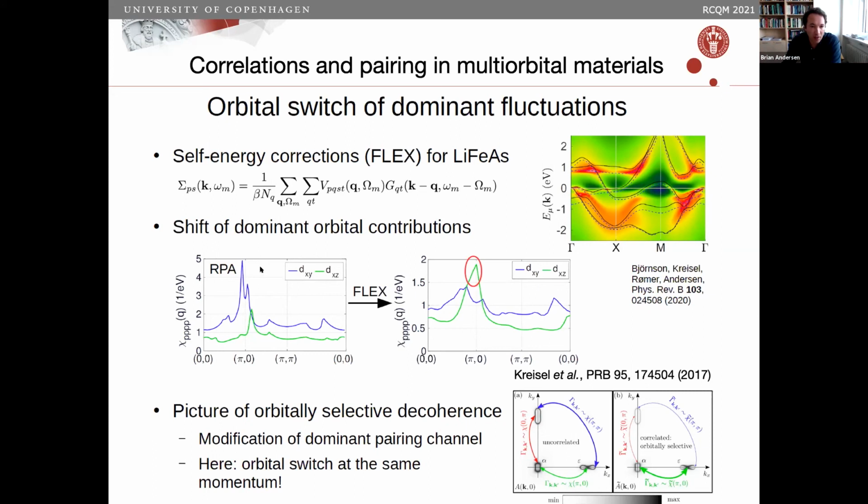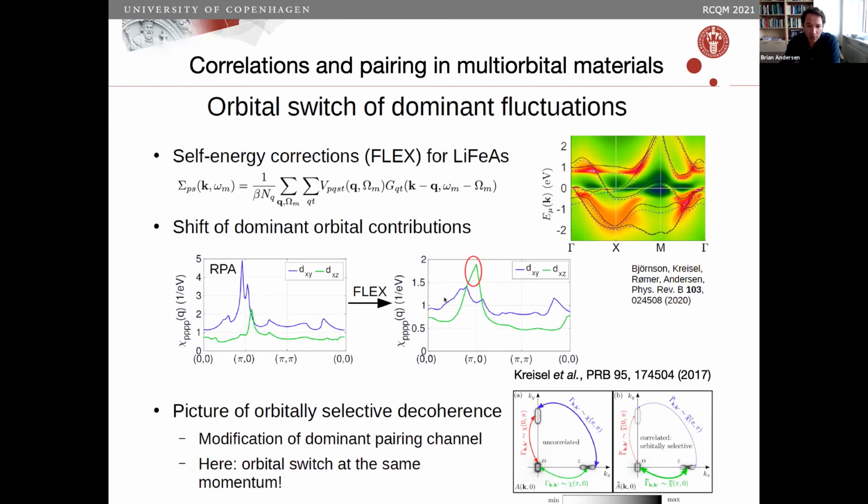We have the largest peak at pi,0. This is just one intra-orbital component. It's calculated by Andreas Kreisel, and you see that the XY orbital is large. This was, in fact, the original problem of iron selenide, getting the gap structure right, to get rid of this, and to invoke very strong quasi-particle weight reductions to get rid of this. Now, what happens if you run the FLEX is quite striking. They are inverted.